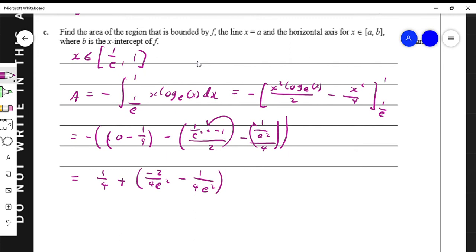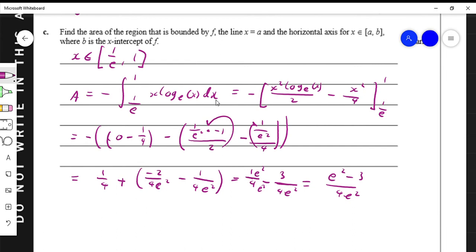So I flip the negative out the front, so I don't need to do the ones in there because it's just multiplied, equals a quarter minus 3 on 4e squared, which you can do because they've got the same denominator. And this equals e squared minus 3 on 4e squared, which you can do by multiplying both sides by e squared. And you can work that out.